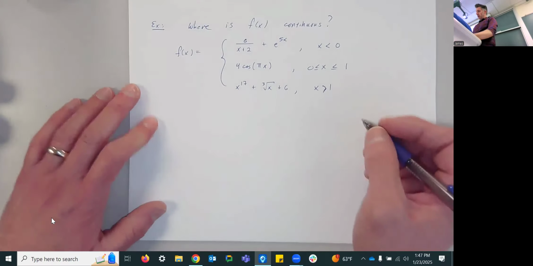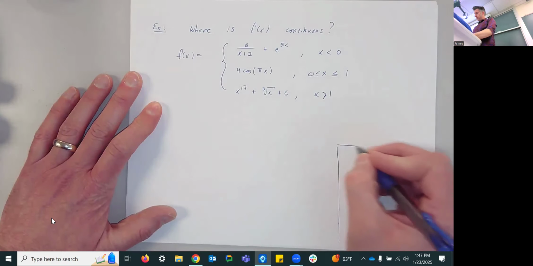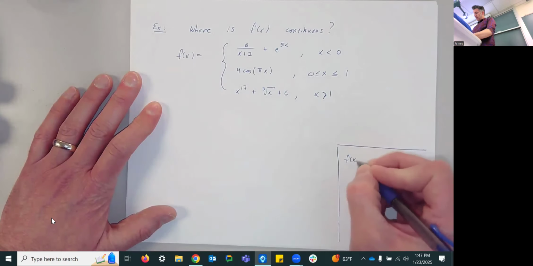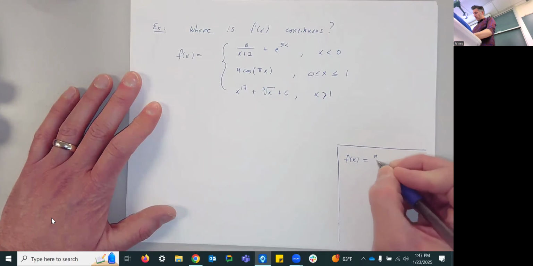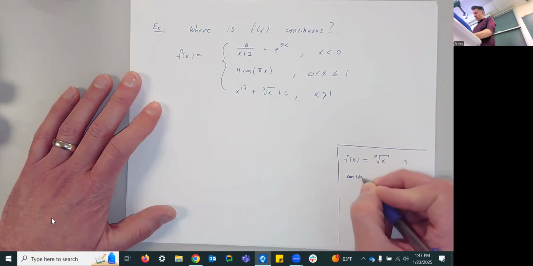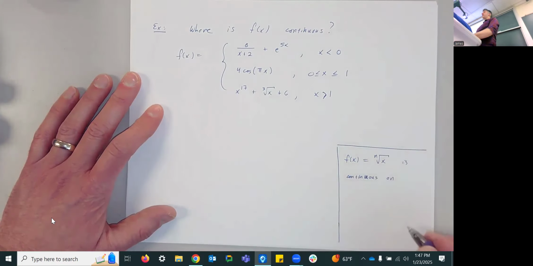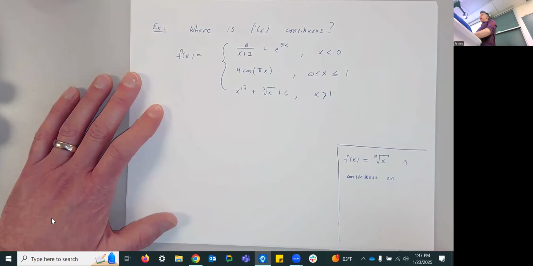So just a quick aside over here. f of x equal to the nth root of x is continuous on its domain, and the domain is different depending on whether n is even or odd.